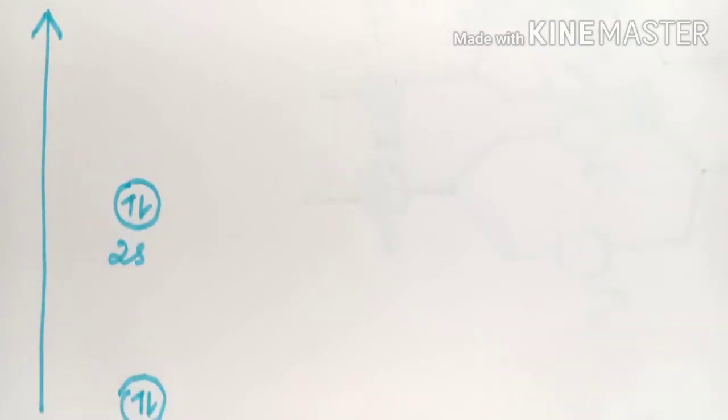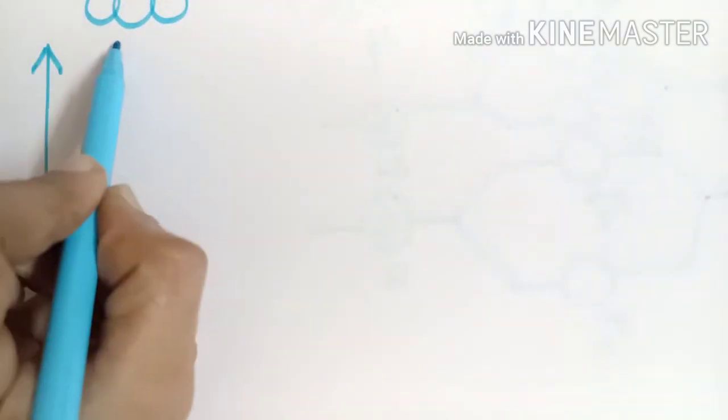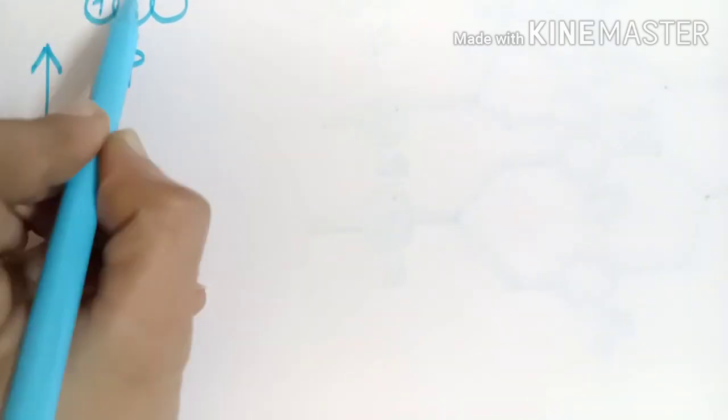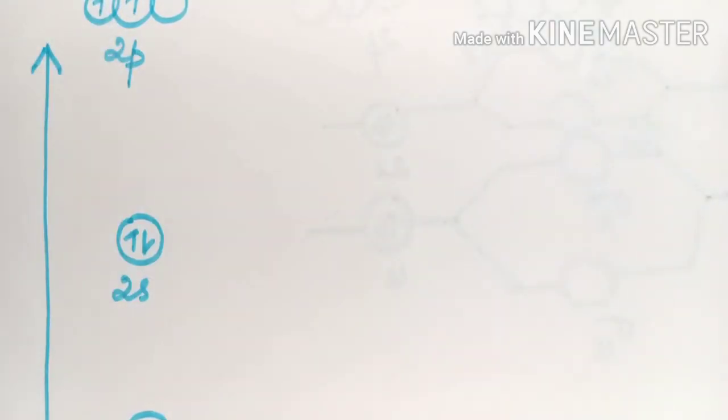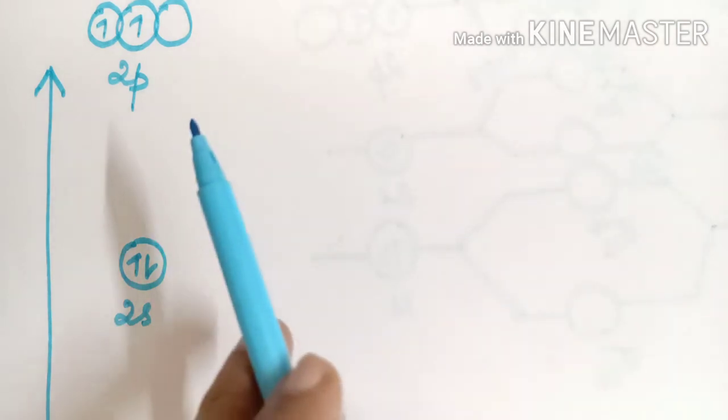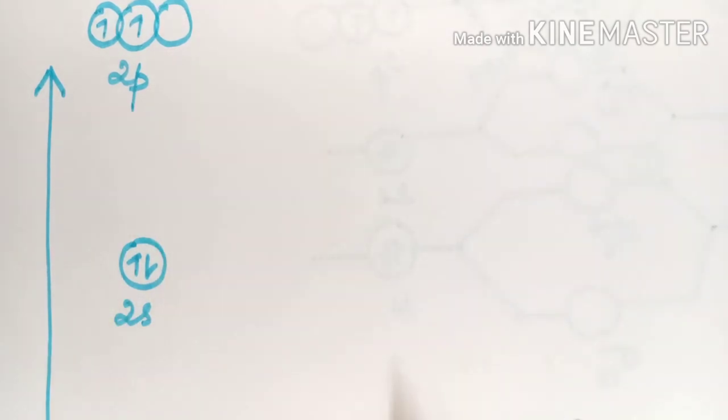The next higher orbital will be 2p2. Similarly, on the other side, I have the orbitals of the second carbon, which are of comparable energy.